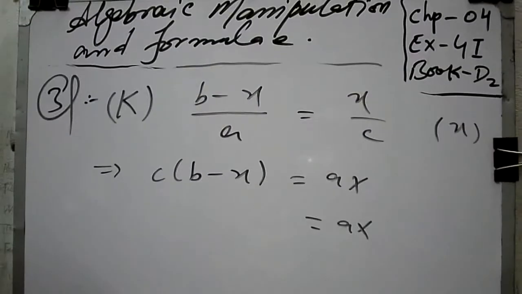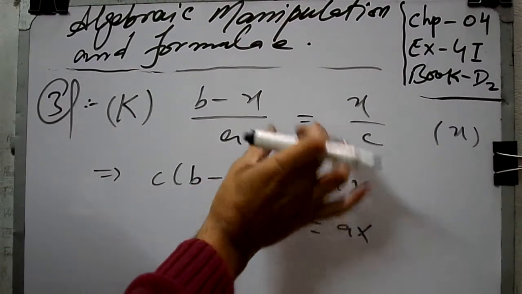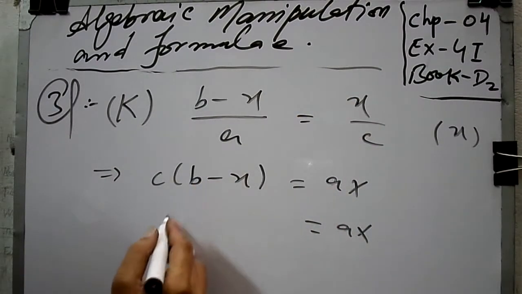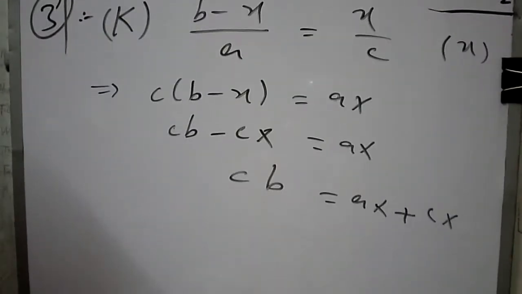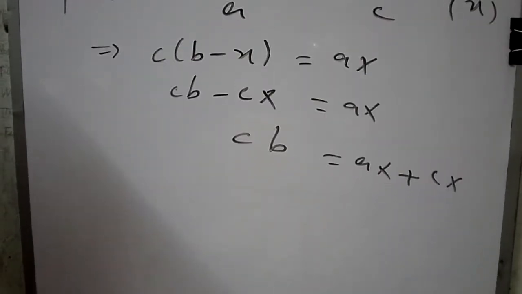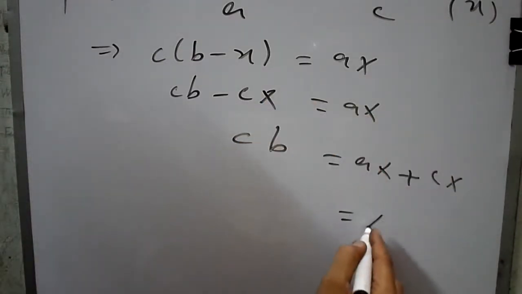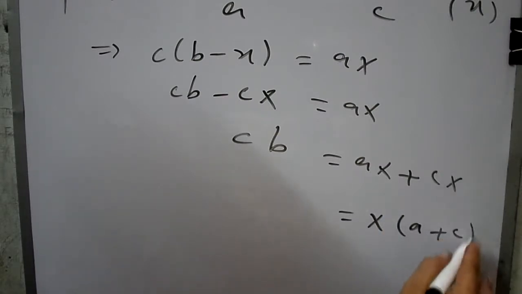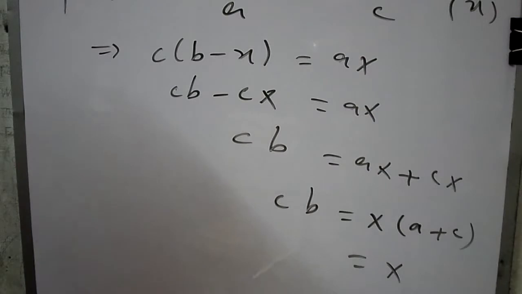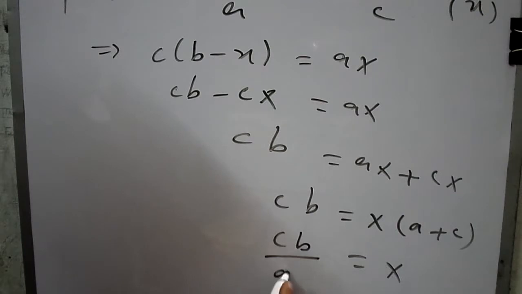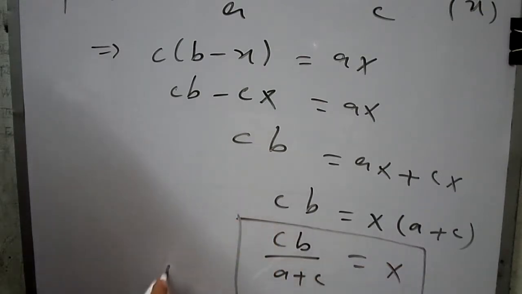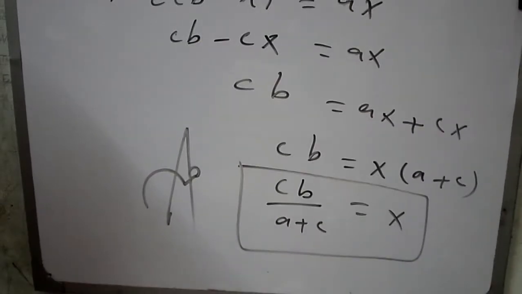So you can see first of all in this step by using cross multiplication, by multiplication, CB minus CX plus CX, because there are two X's. When there are two X's, you have to shift it one side, so taking X as a common, you will get A plus C. You need the value of X. So what should you do? Here the bracket which is multiplying should be divided here. So here X is a subject.